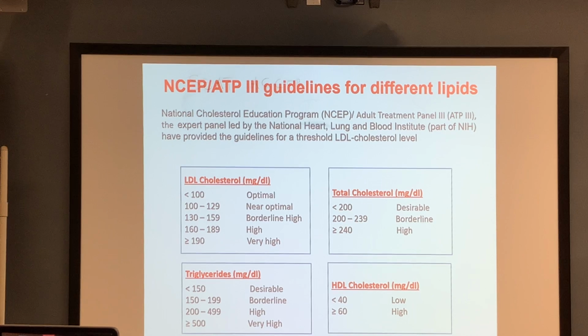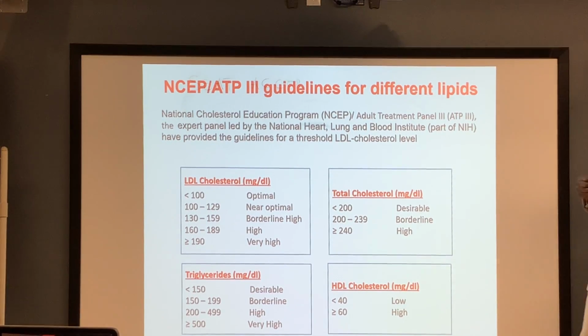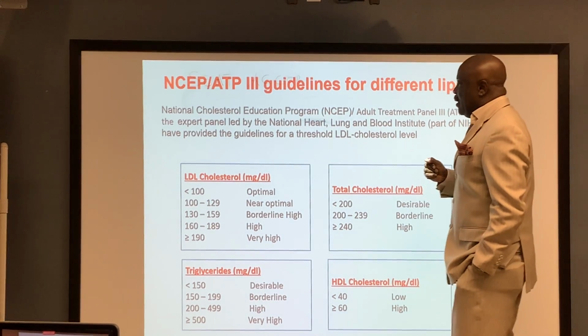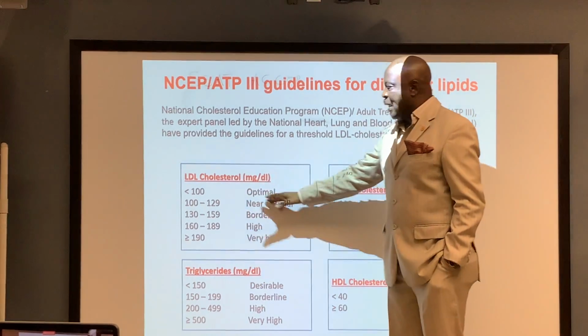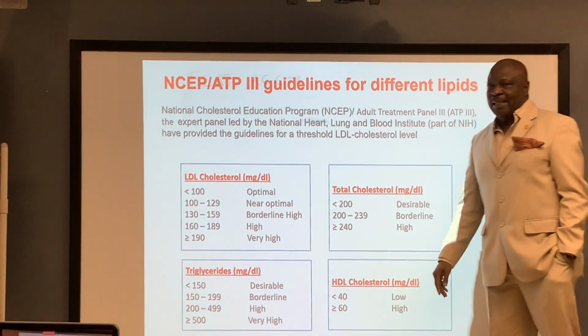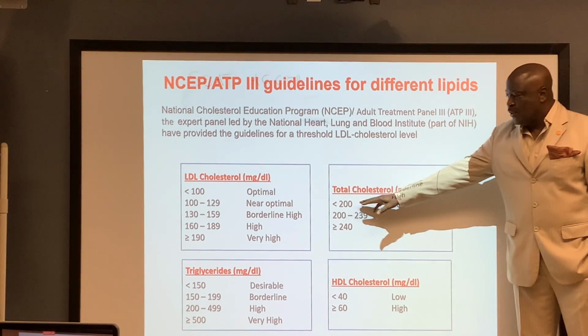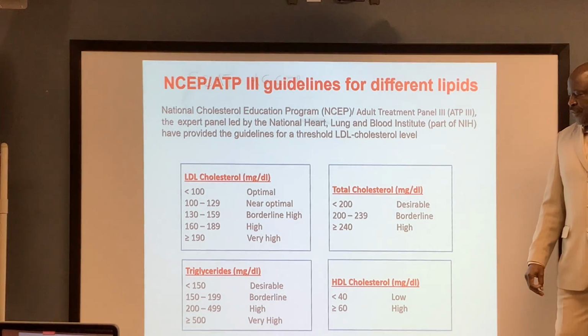Now, what are the guidelines for different lipids in terms of what is normal or optimal or what is high? Usually for the bad cholesterol, it's advisable that it's less than 100 milligrams per deciliter. The total should be less than 200. For triglycerides, it's less than 150.